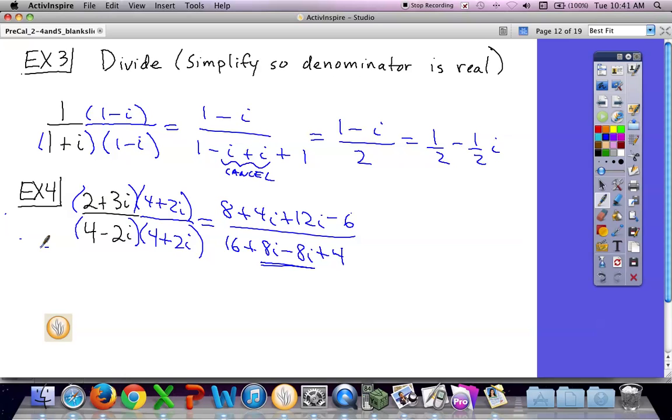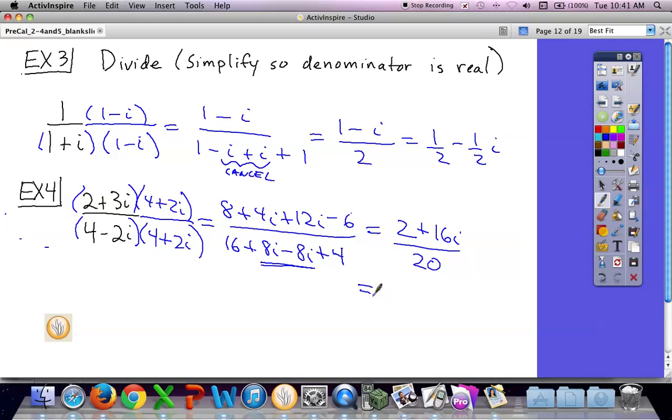What do we have in the numerator? 8 minus 6 is 2, and 4i plus 12i is 16i, right? Divided by 20. And, you know, there's simplifying you can do there because all 3 of those numbers are divisible by 2.